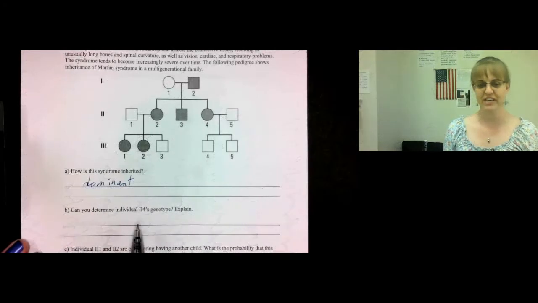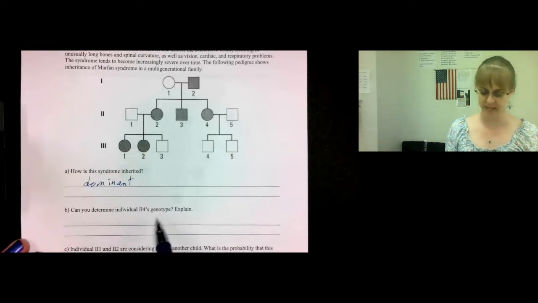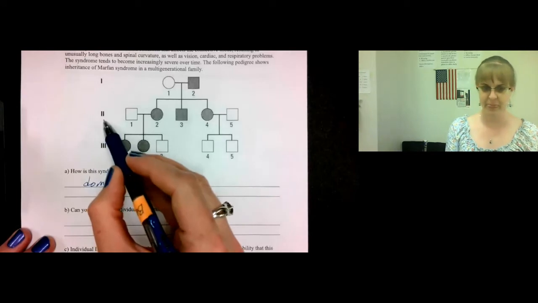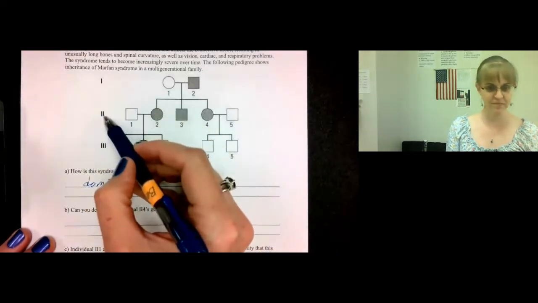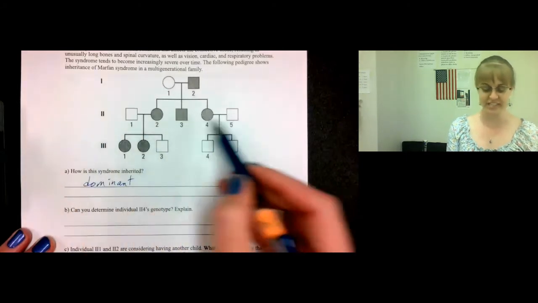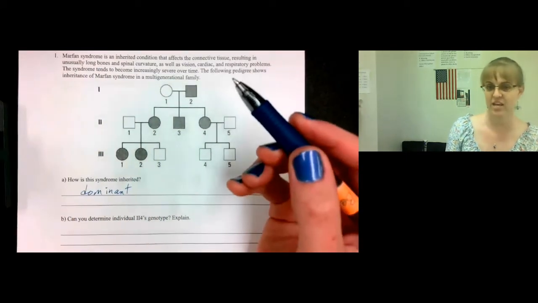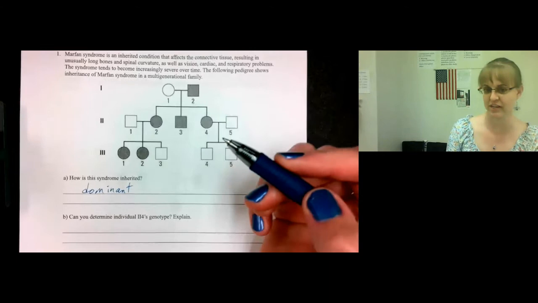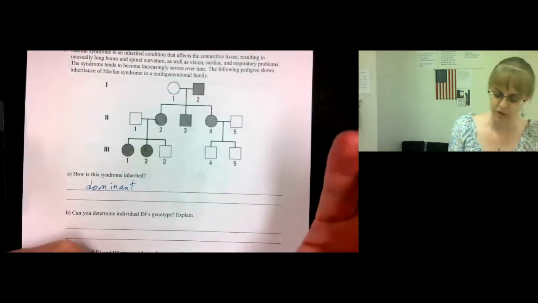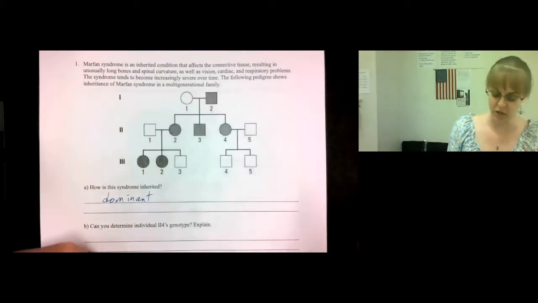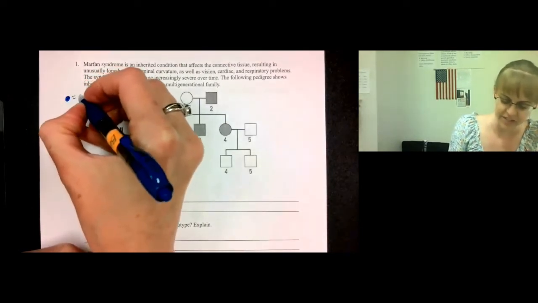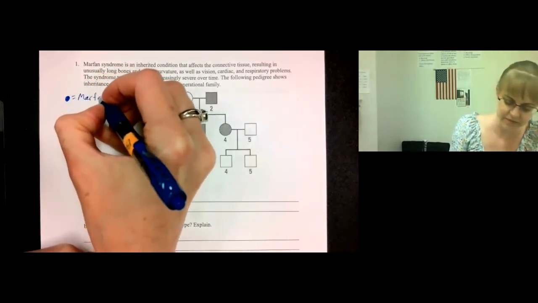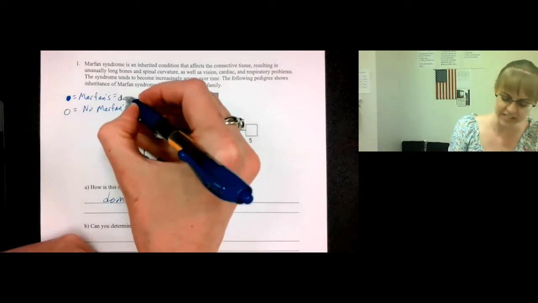Can you determine individual 2-4's genotype? Roman numeral 2, person number 4. So this is the second generation and the fourth person listed. Here's what I do when I'm trying to solve a pedigree problem. First, I write down what I know. I know that if it's colored in, you have Marfans, and we have decided that is dominant.